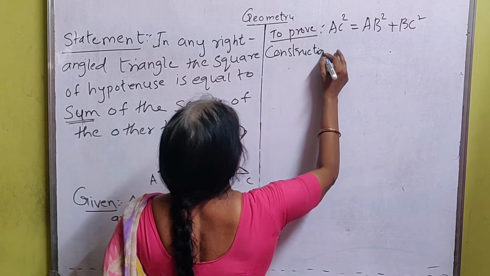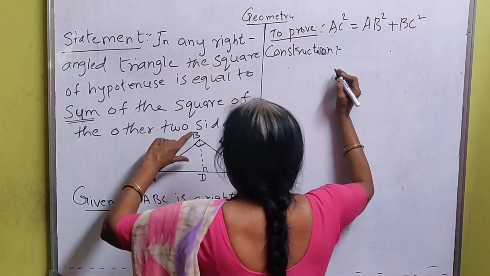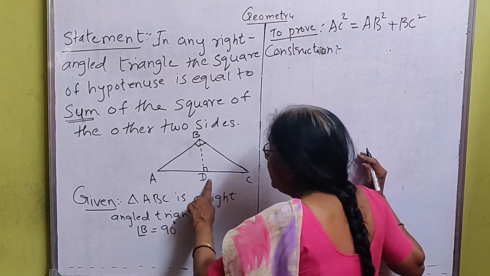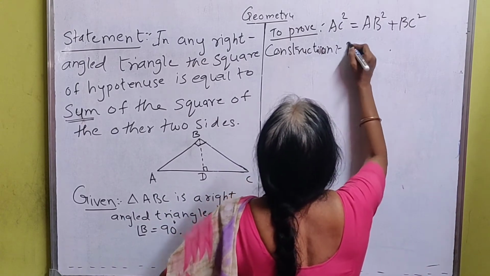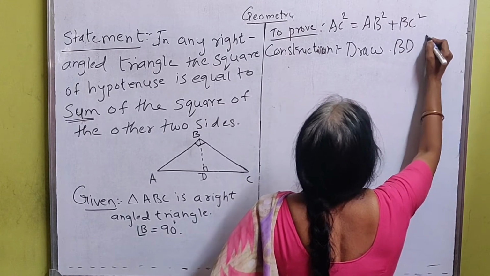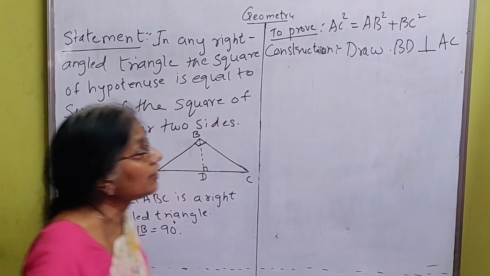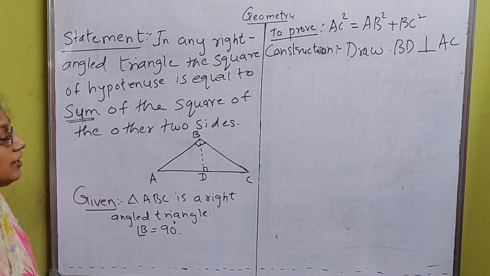Very important. What is the construction over here? What is the name of the perpendicular line? BD. It is perpendicular to which line? AC. So draw BD perpendicular to AC. This is the symbol of perpendicular. So you came to know what you are going to draw? BD you are going to draw perpendicular to AC.